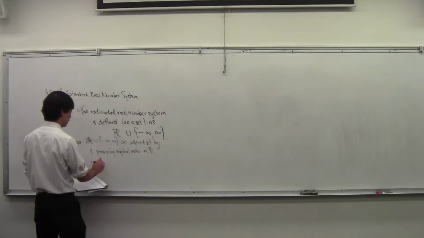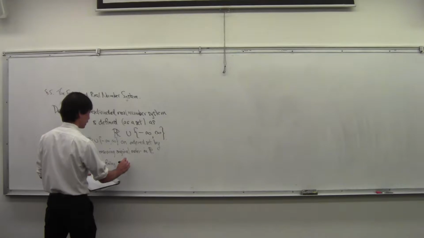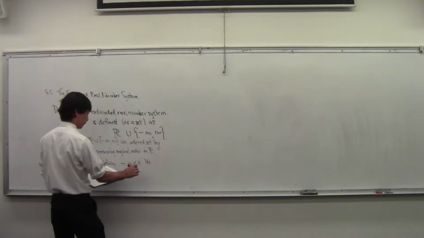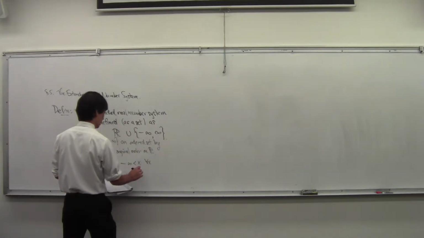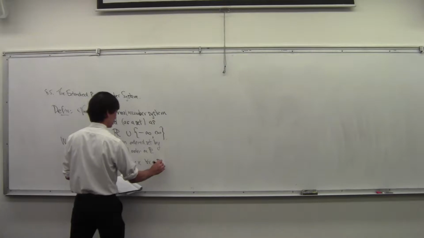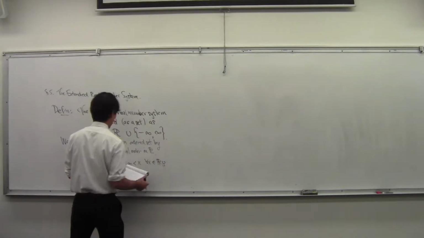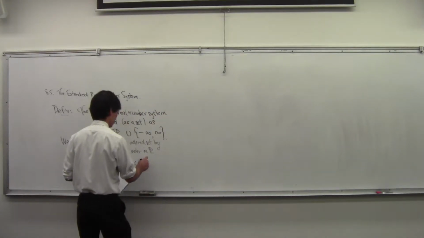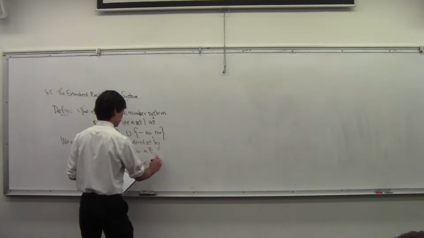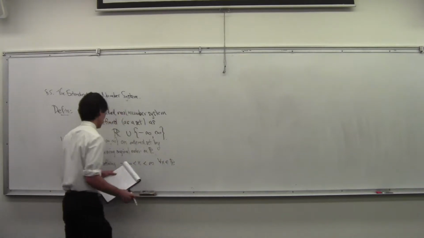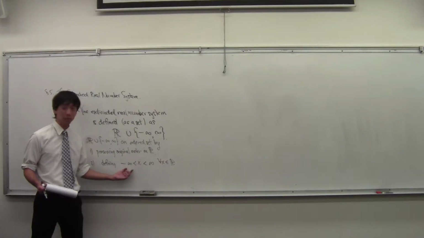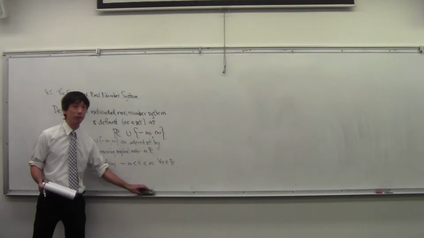And two, defining that negative infinity is less than x for all x in R. That every finite number is strictly greater than negative infinity and strictly less than positive infinity.